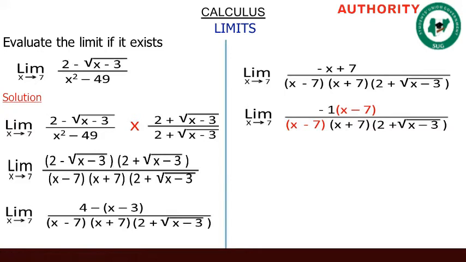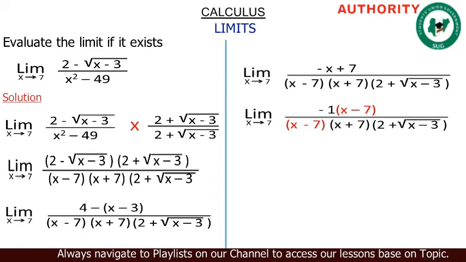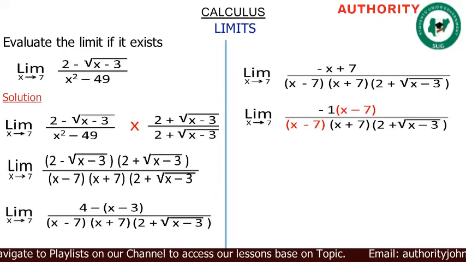So that when you say minus 1 times x, it will give you minus x, and minus 1 times minus 7 will give you plus 7. Is that clear? All over x minus 7 in bracket, x plus 7 in bracket, 2 plus square root of x minus 3 in bracket. Is that clear? Say yes.